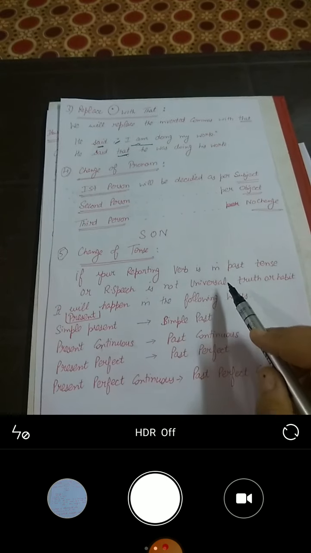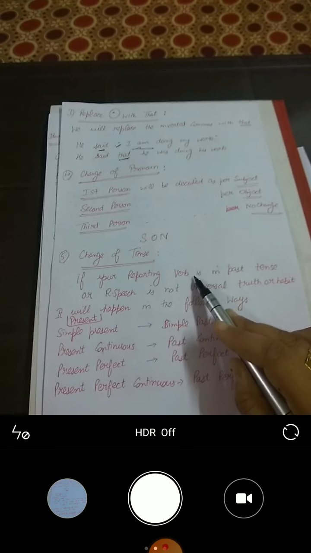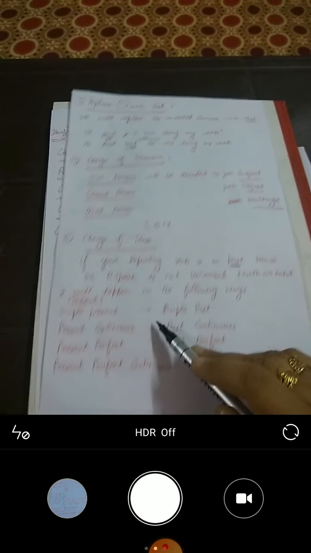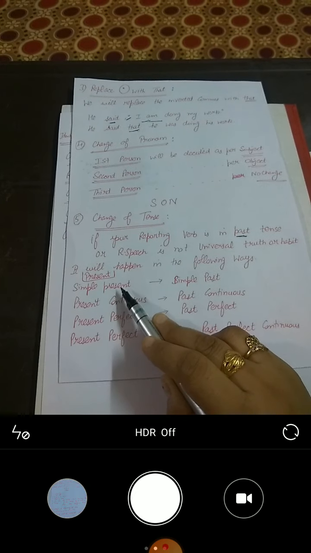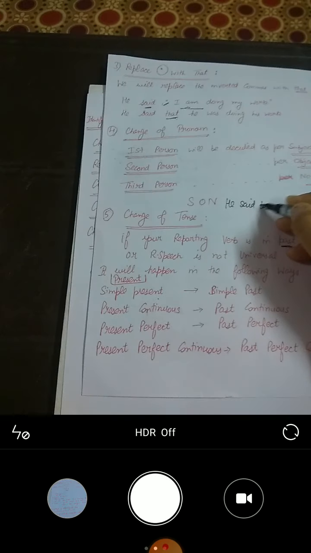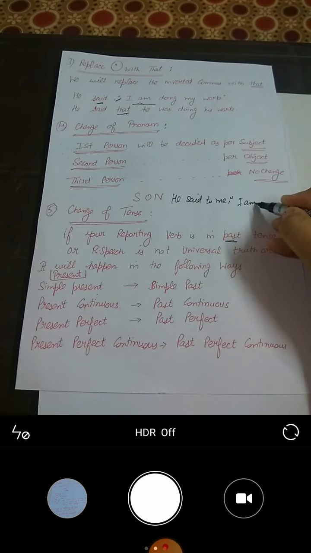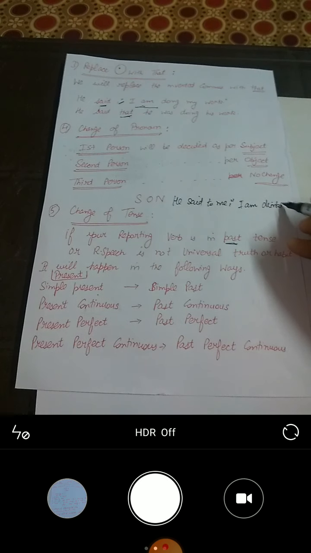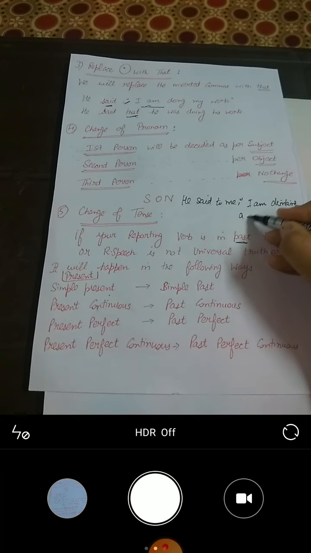But if it is not a universal truth or your reporting verb is in past tense, then you have to change accordingly. So if your reported speech is in simple present tense, for example, if I write here: he said to me, "I am drinking a cup of coffee."